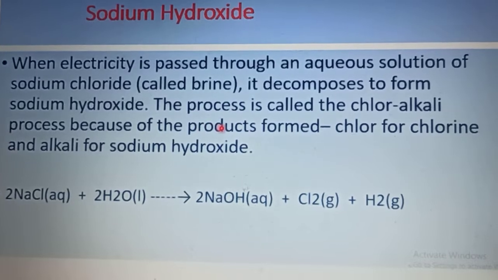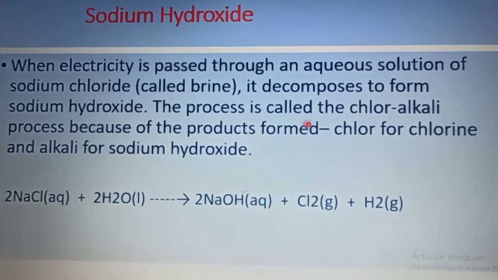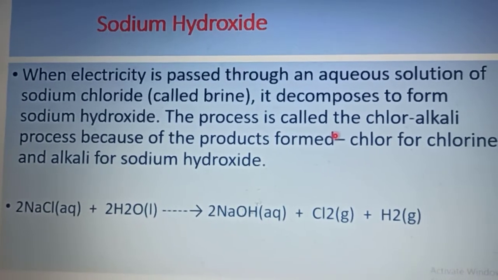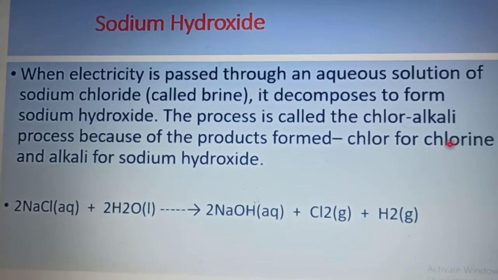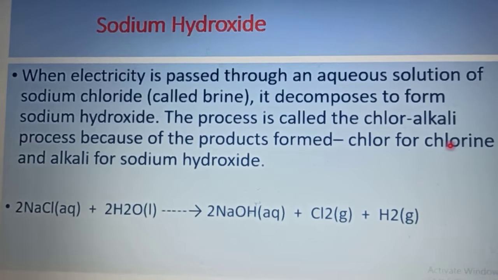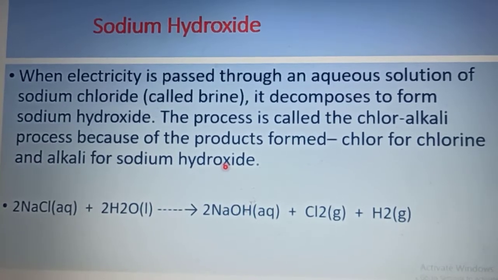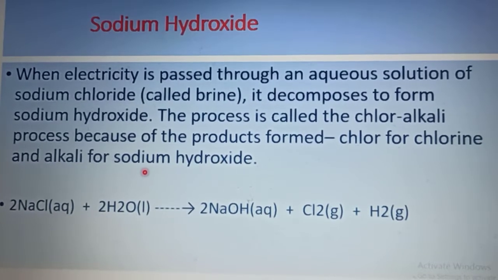And why is it called the chlor-alkali process? This is also asked. So chlor for chlorine, because chlorine is formed during the process, and sodium hydroxide is also formed during the process. Alkali for sodium hydroxide.